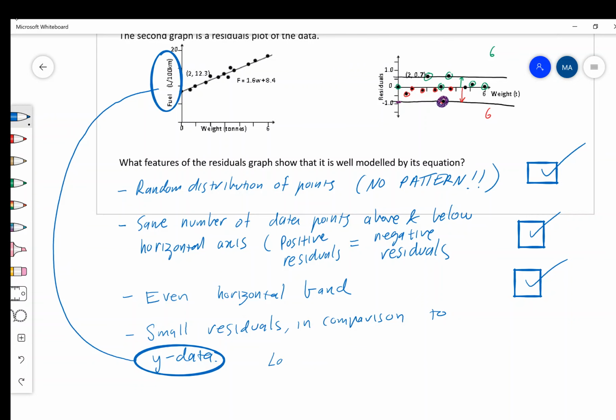So the largest residual is approximately equal to negative 0.9. It's hard to tell with that graph, but roundabout that value. All right, now let's look at the Y data.